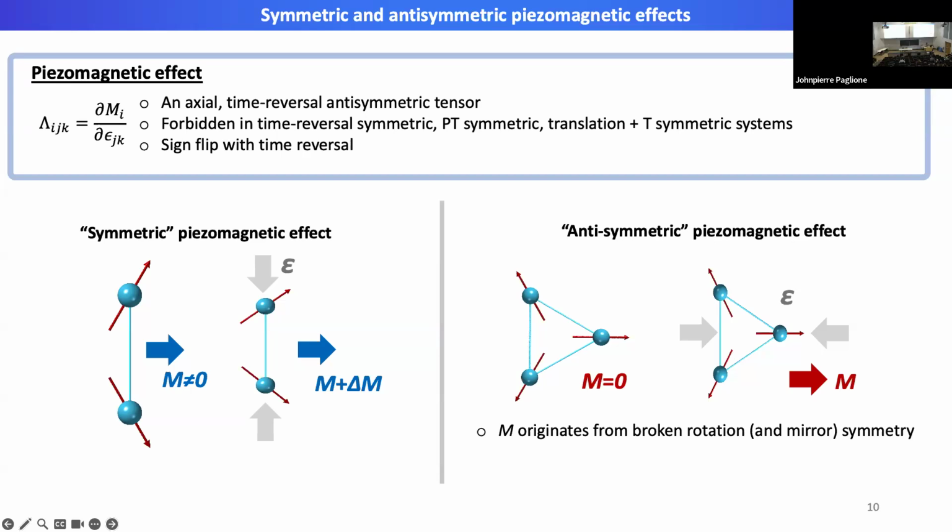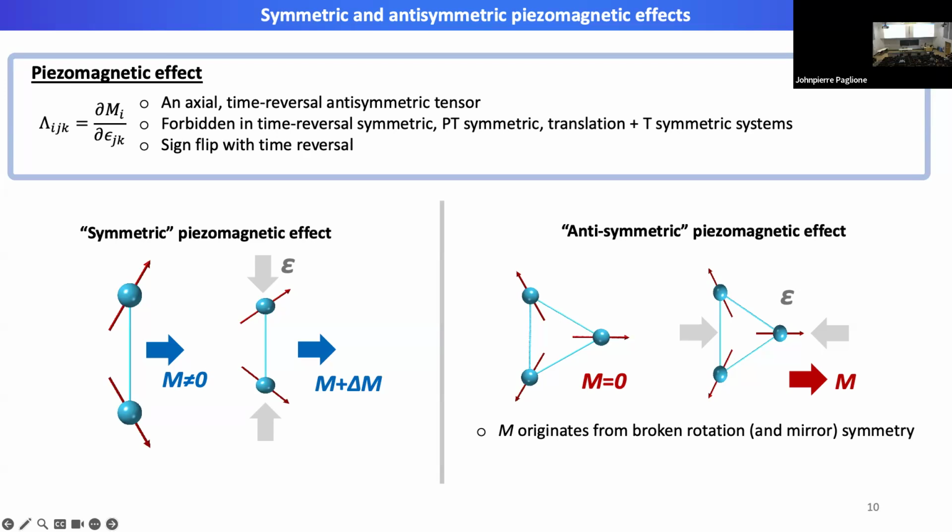So very importantly, the piezomagnetic effect is not only applicable to ferromagnetic systems that already have a net magnetic moment, but also applies to antiferromagnetic systems, which do not have a net moment. So in other words, we may be able to use the piezomagnetic effect itself as a probe of broken time reversal symmetry, as I'll show you in a few examples.